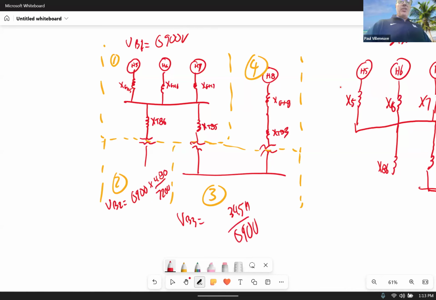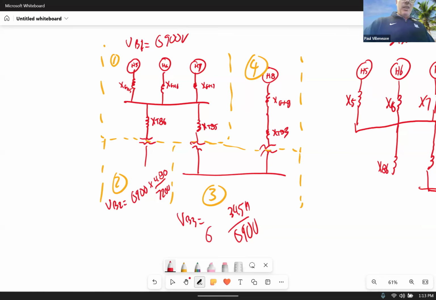But which V base should I be using? Should I be using V base 1 or V base 2? V base 1, yeah. Because V base 1 is the base where the transformer T85 actually steps the voltage up. So I'm not going to use V base 2 because that transformer, the T85, has nothing to do with those areas. So it's completely independent.